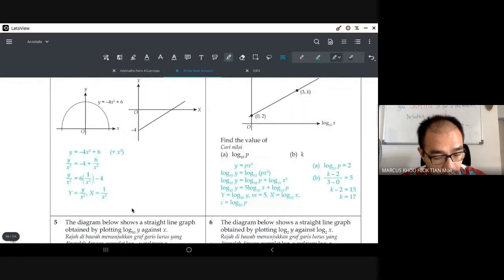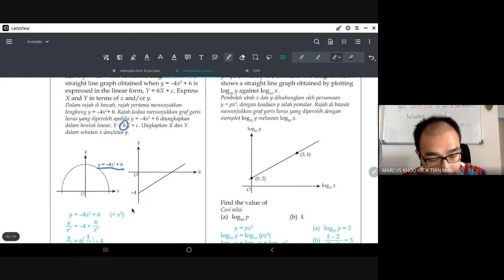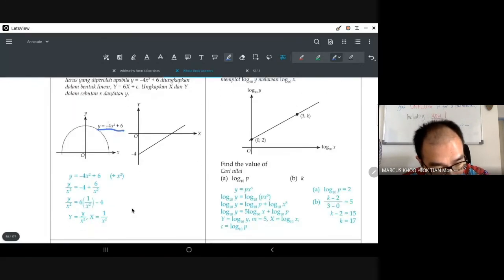Now number 3. So this is how it will work. You start with this, and first of all, I need to know that there is a negative 4 over here and the intercept is negative 4. So how do you make the negative 4x squared become negative 4?